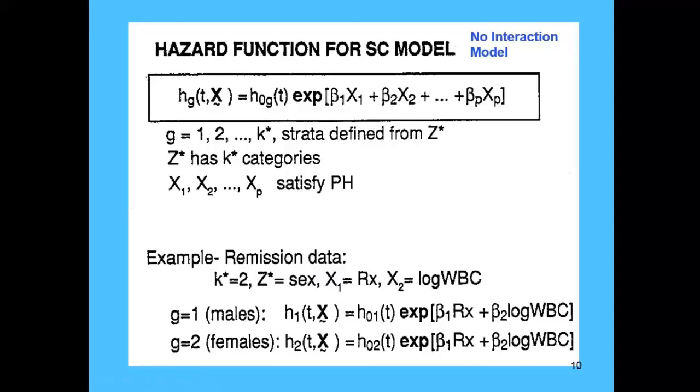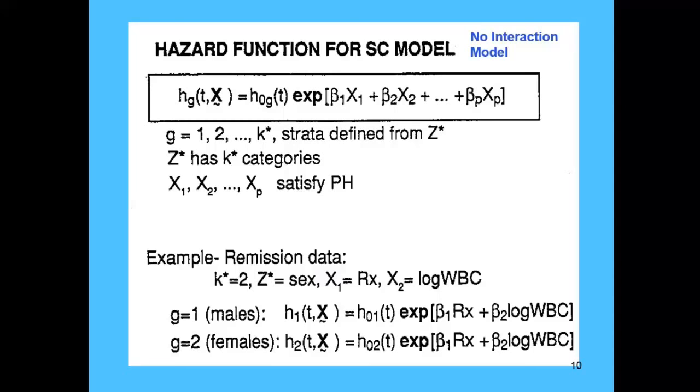What's the formula for the hazard ratio for the effect of treatment if you're talking about females? It's also e to the beta 1. So what you see is, regardless of whether you're talking about the variable that you stratified, you're getting the same exact hazard ratio. So the hazard ratio is independent of the variable you're stratifying on. So there's no interaction between the variables in the model and the variable you're leaving out of the model.